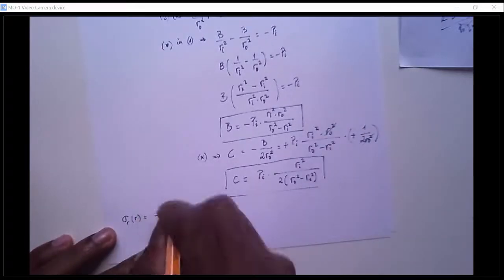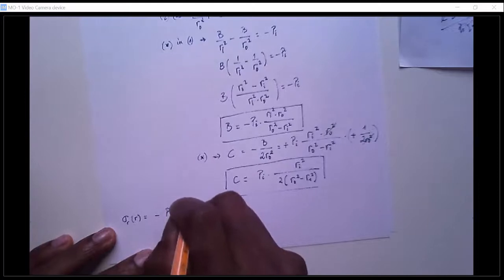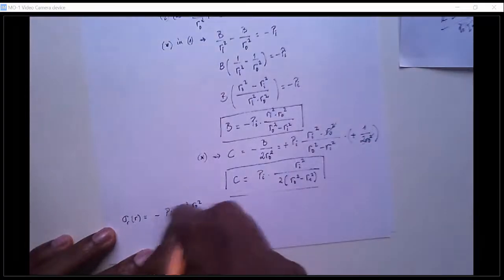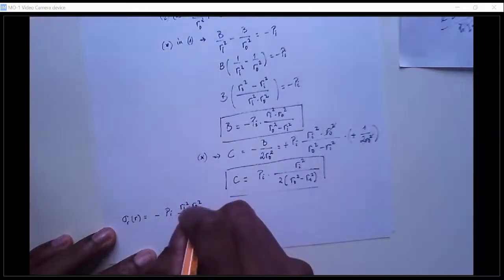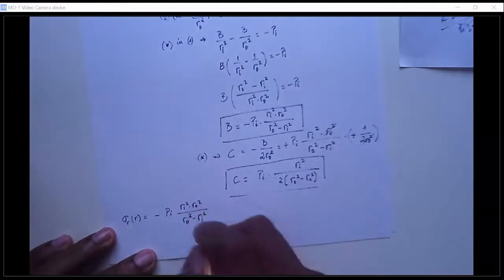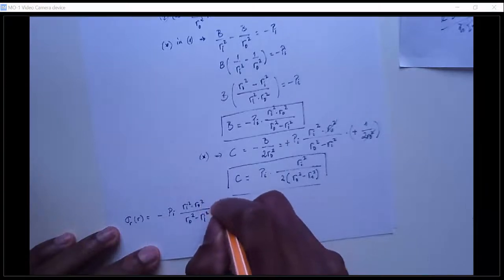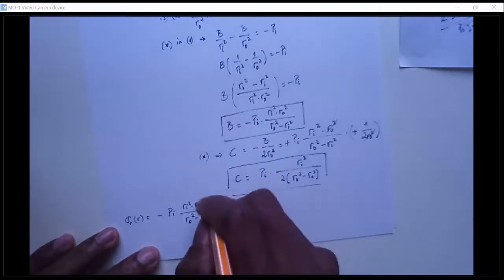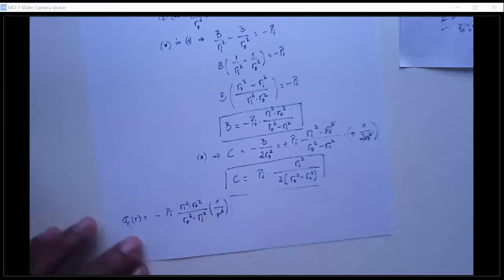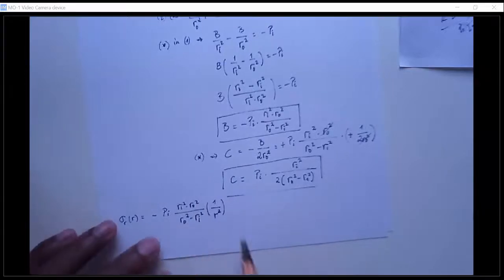I actually don't think it's necessary, but pi times ri squared times ro squared divided by ro squared minus ri squared, divided by r squared. So times 1 divided by r squared. This is the actual variable here.